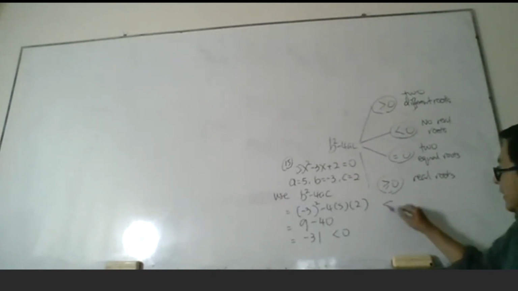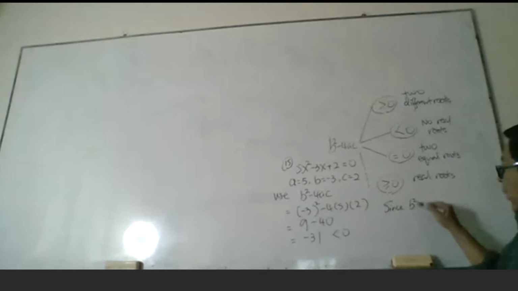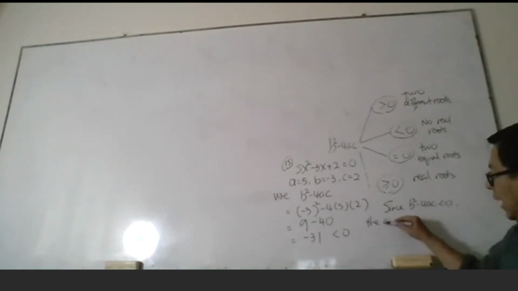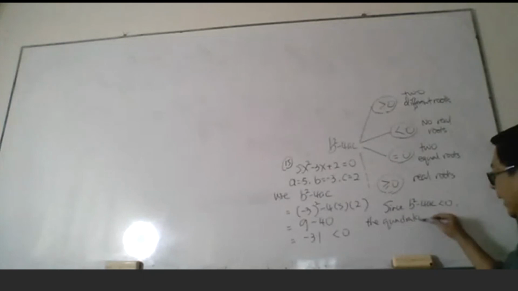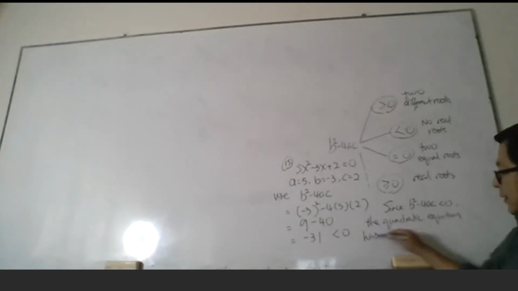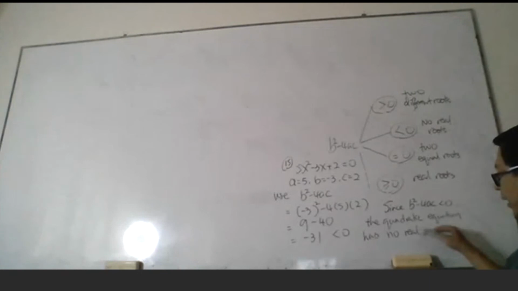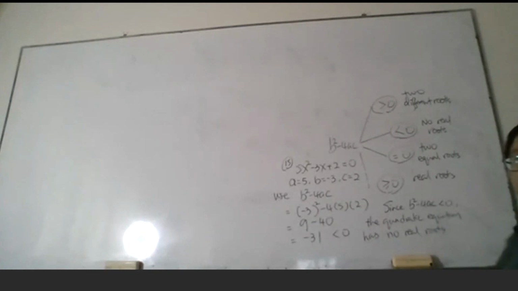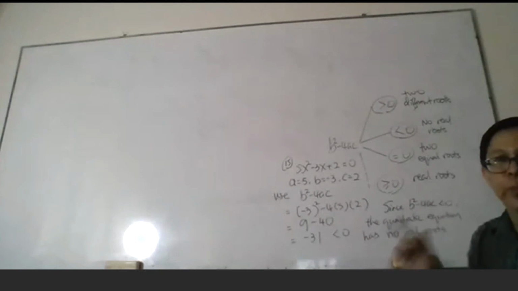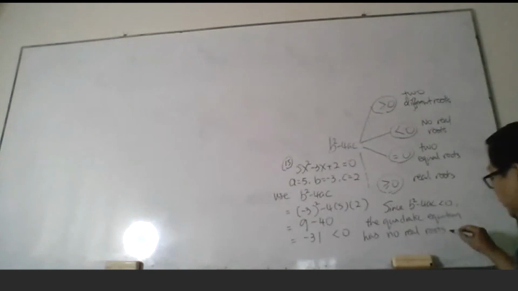Then we say that since b squared minus 4ac is less than 0, the quadratic equation has no real roots. Even if you put no roots it is okay, but the actual answer we need to put is no real roots.